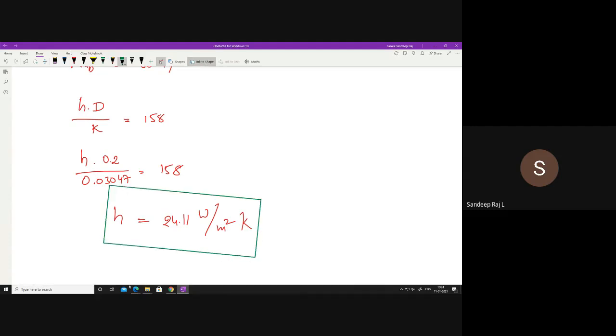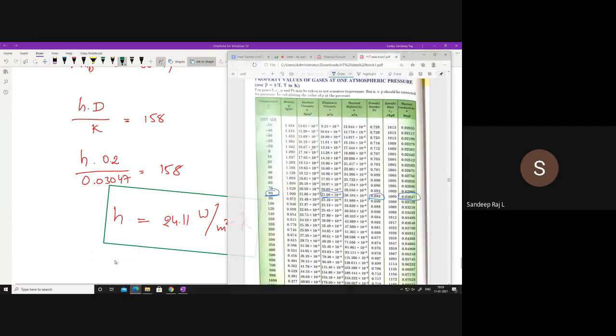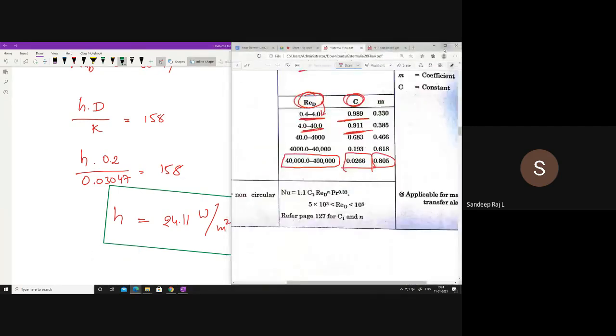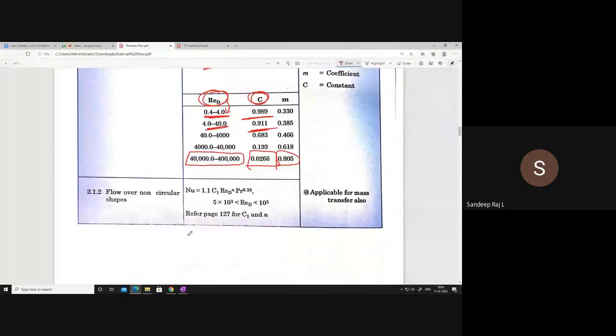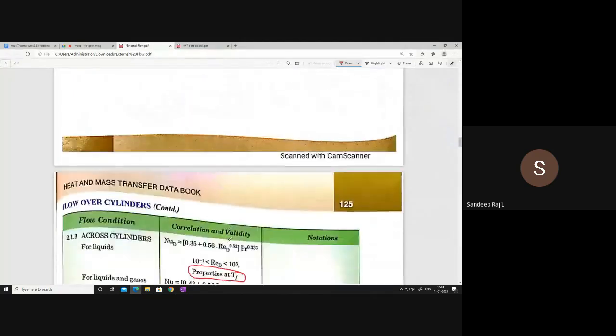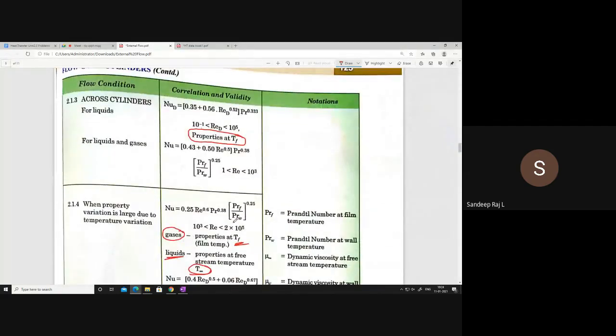But this value of h is based on only one correlation, the one you have taken. This is a generalized equation. If you solve using this equation in the examination, it's fine. But sometimes you may have to use the other correlations also, so I will refer to the other correlations.